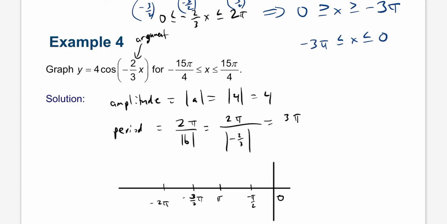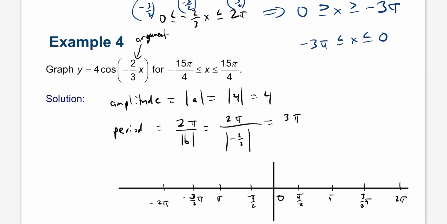So we can just extend it out as far as we need to go. I'm just going to stop at that point here. And over here, let's do the same thing in the opposite direction. So there's your pi over 2, pi, 3/2 pi, 2 pi.